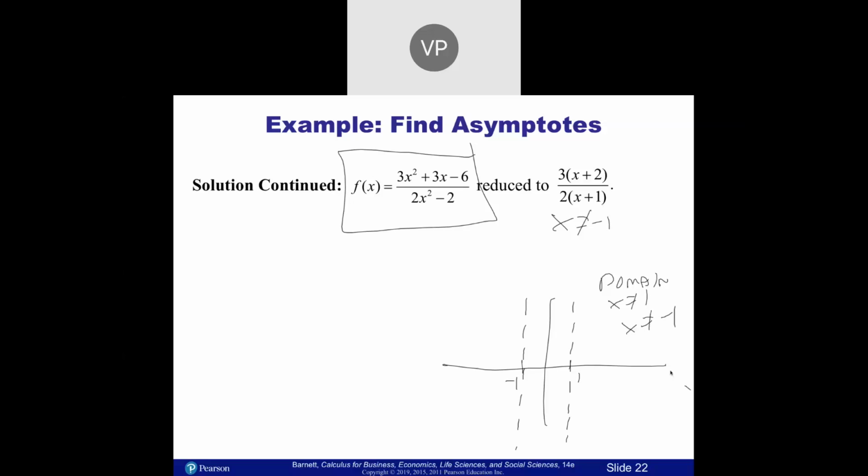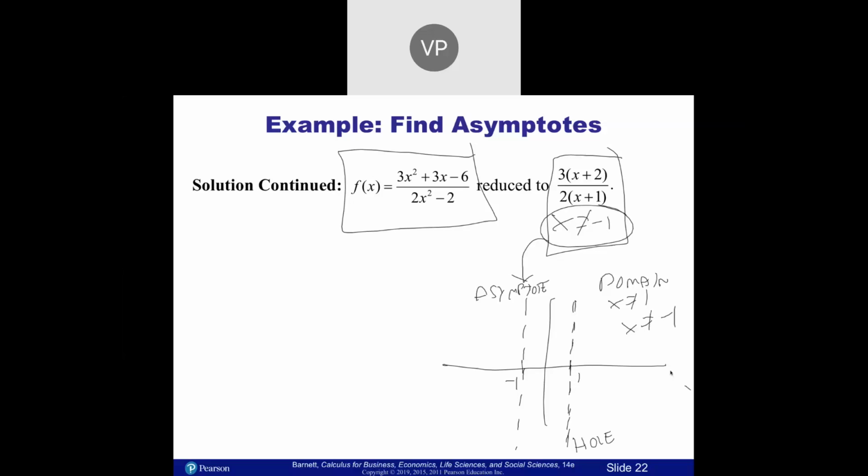When we reduce this, notice the 1 is no longer a problem, but the negative 1 is still a problem. If it's still here, that means this is an asymptote. If the bad number here, the 1, is no longer a problem, this is going to be a hole in the graph.